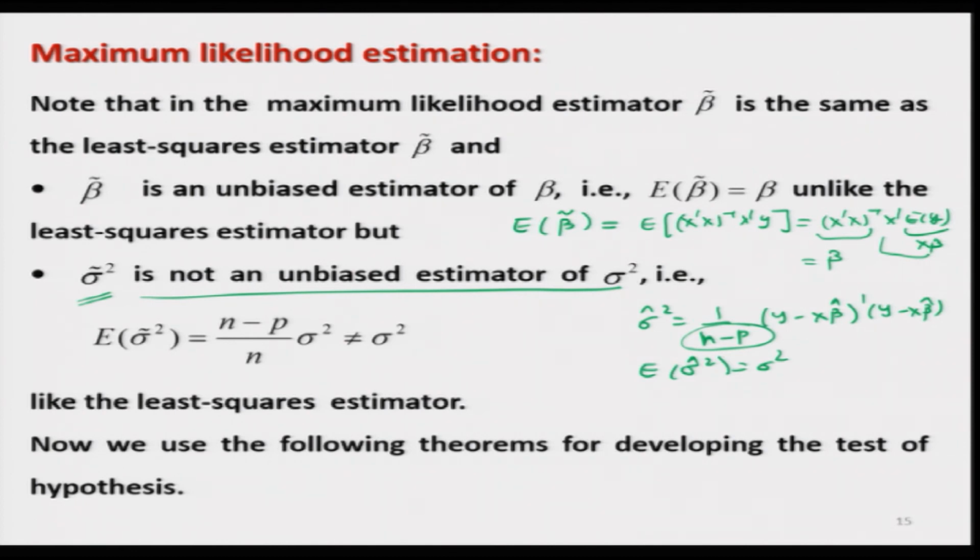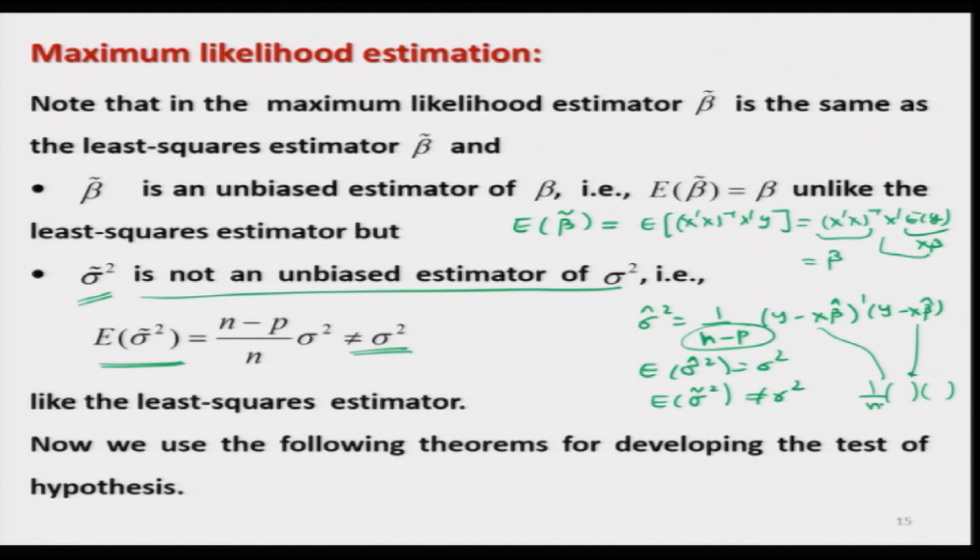In the case of sigma tilde square, the divisor is n, but the numerator is the same in both cases. So, the expected value of sigma tilde square is (n minus p) upon n times sigma square, which is not equal to sigma square, right. So, the maximum likelihood estimator is not an unbiased estimator of sigma square.